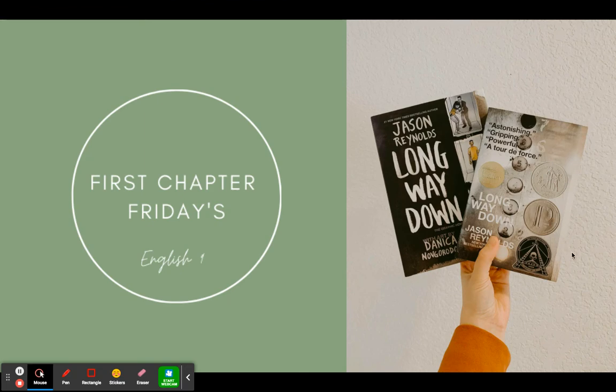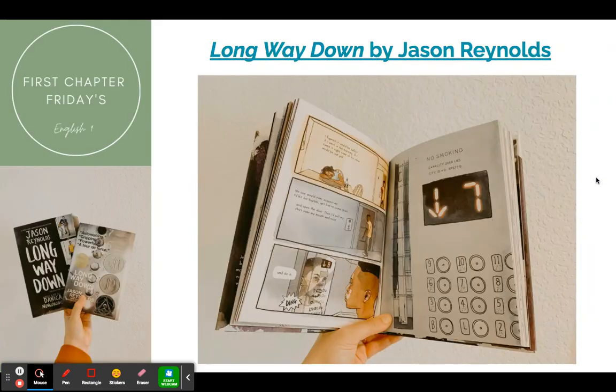So the original version is actually a verse novel, which means that the whole book is written in poetic form. So every single page is just a couple sentences because they're poems. Every page is a different poem, but all together they weave and create their own story. And the story is about a young man who lives in kind of a dystopian society where there are rules.